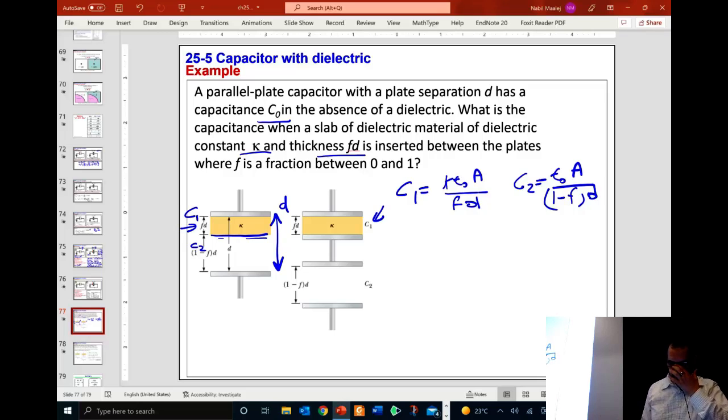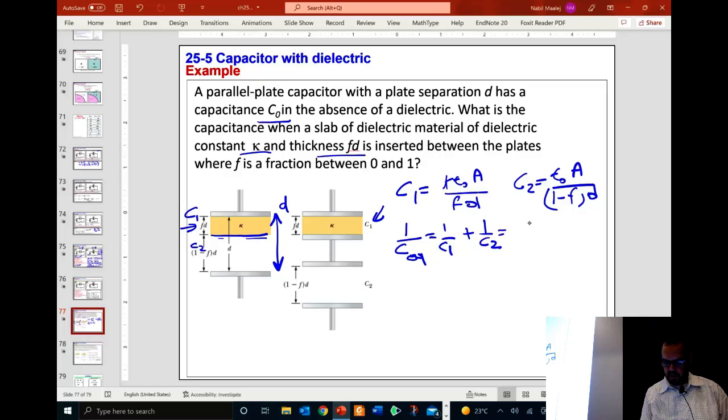Now these capacitors are in series, and we said when we combine capacitors in series, 1 over C equivalent is equal to 1 over C1 plus 1 over C2. And we can solve for the equivalent capacitor.